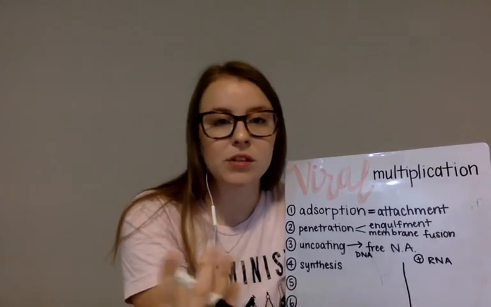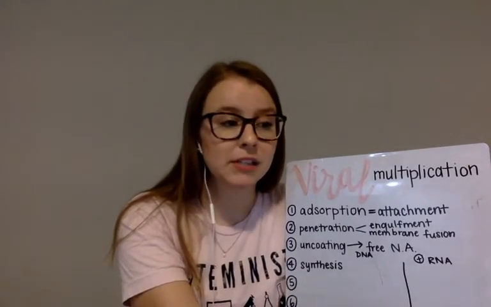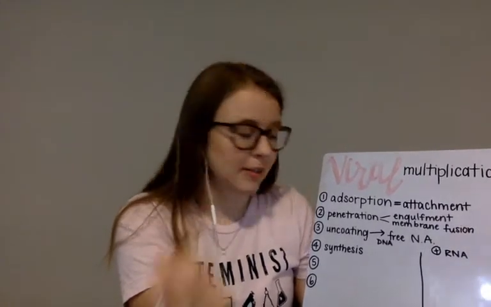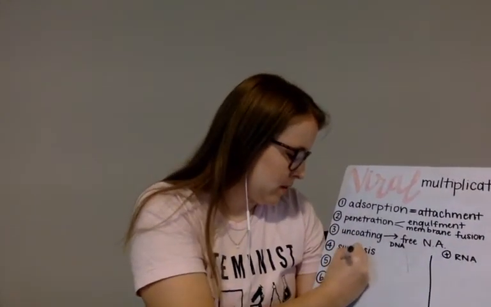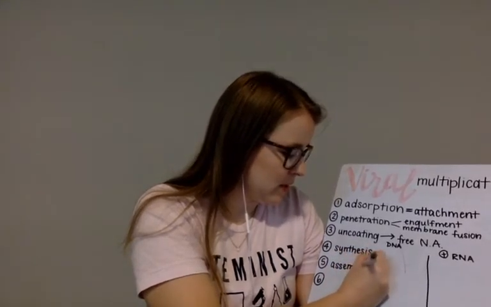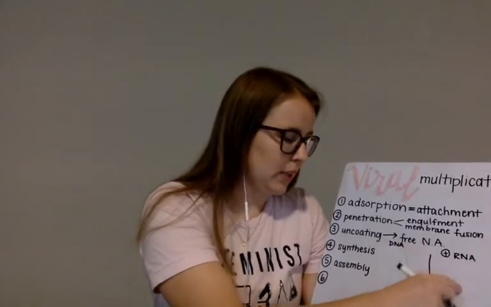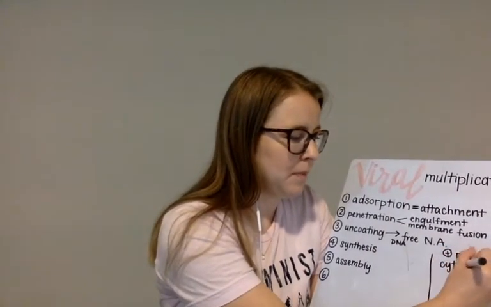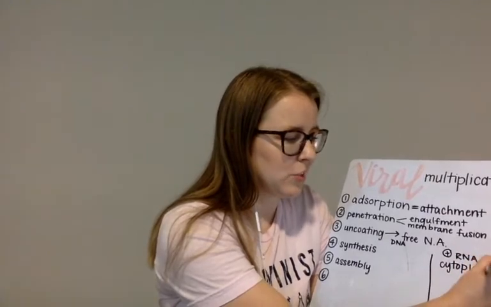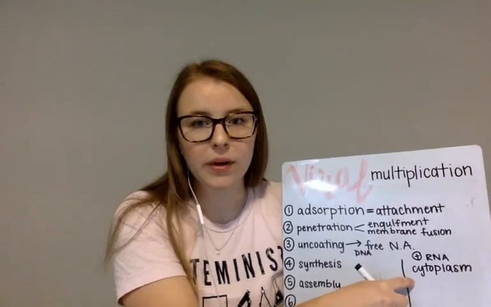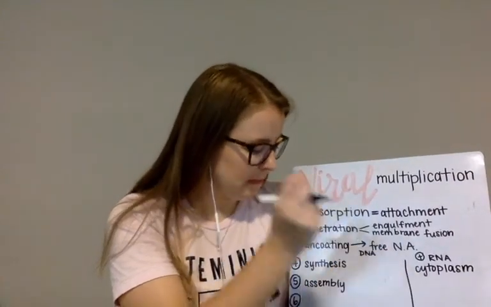They can be used to make the proteins that are needed, and then that will move into the next step, which is assembly. So in this case, your RNA doesn't really need to go any further. So I'm just going to write cytoplasm here, because that's what's going to be different. It's just the location that it's taking place. Right, so this is already going to be happening in the cytoplasm.